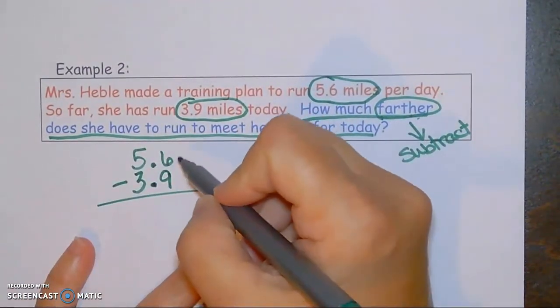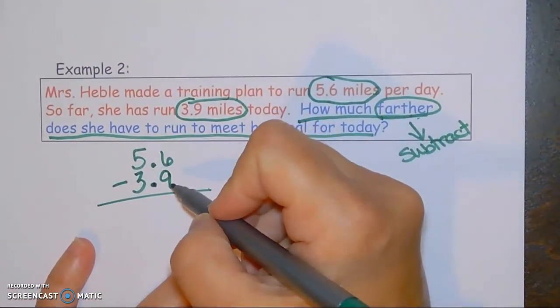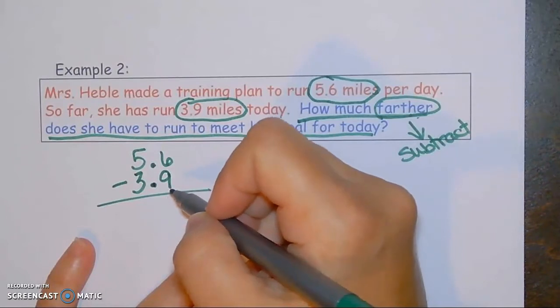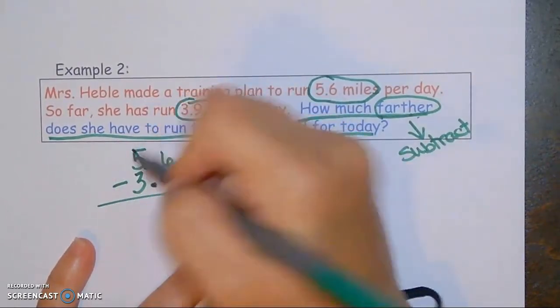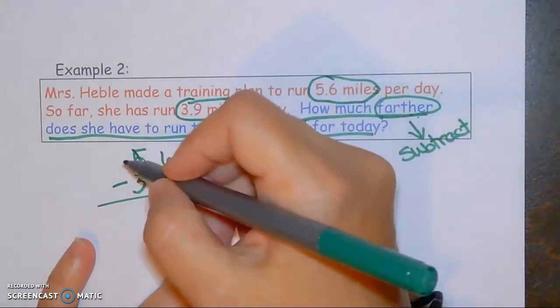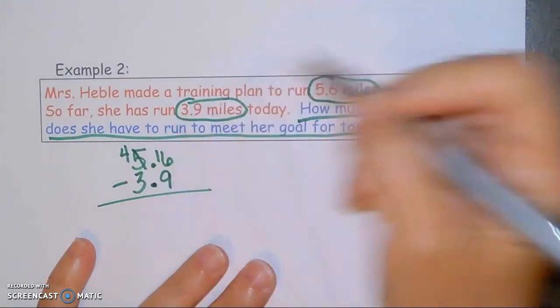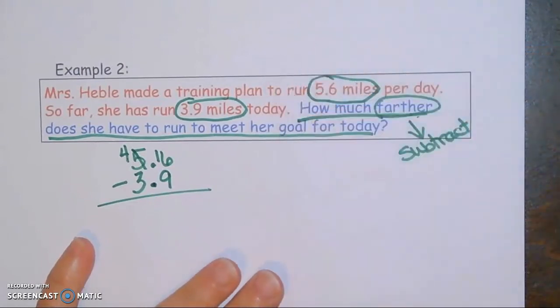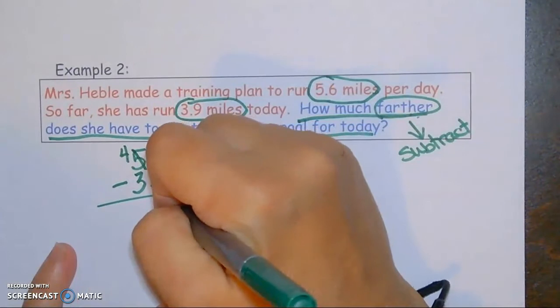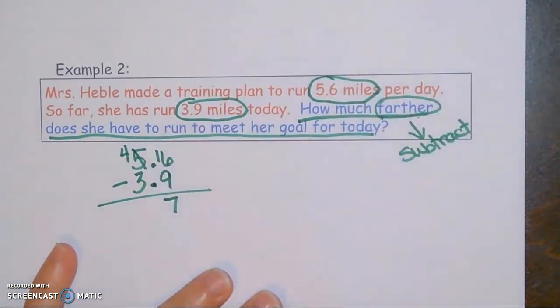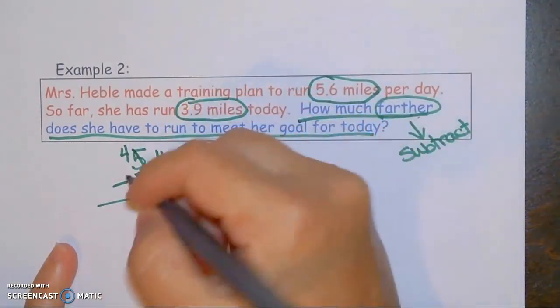All right, if you look in the tenths place, if you have 6, can you subtract 9? No, very good. So we're going to have to borrow. So we go to the 5. The 5 becomes a 4. We bring that group of 10 and move it over to the 6 to make it 16. And 16 minus 9 is 7. 4 minus 3 is 1.